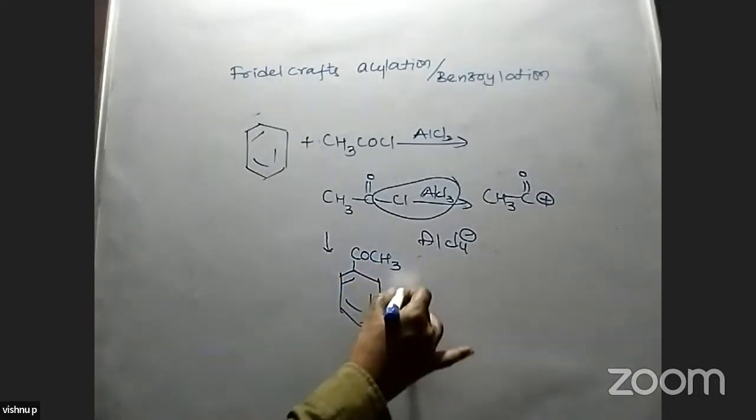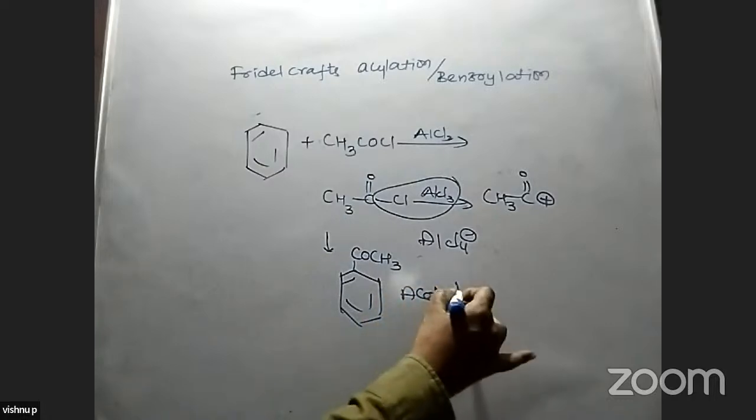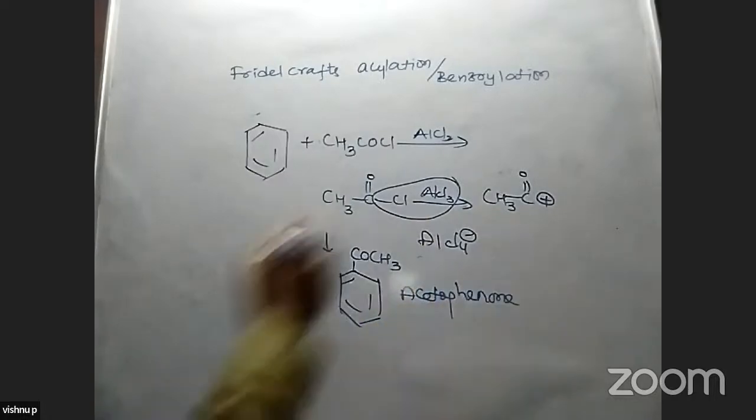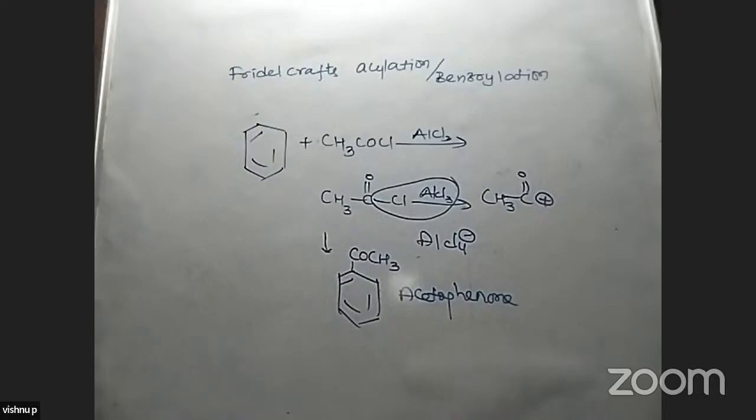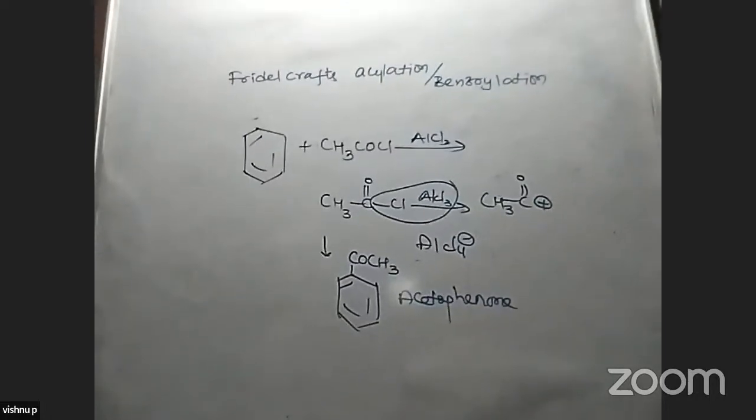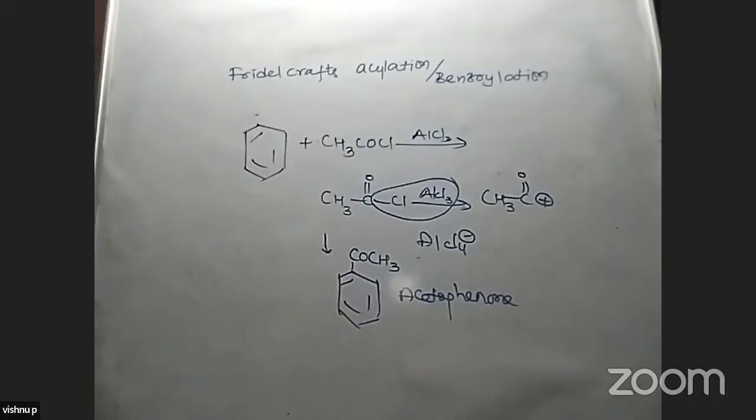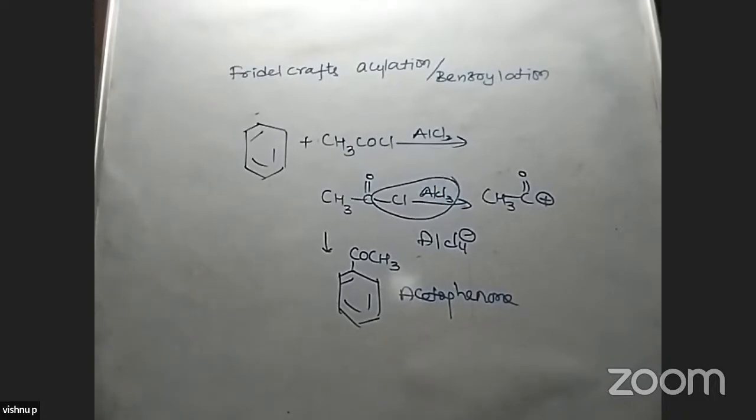What is the compound formed in this reaction? This compound is acetophenone. Acetophenone is formed in this reaction. So this is a preparation method of ketone which contains both aliphatic and also aromatic groups.